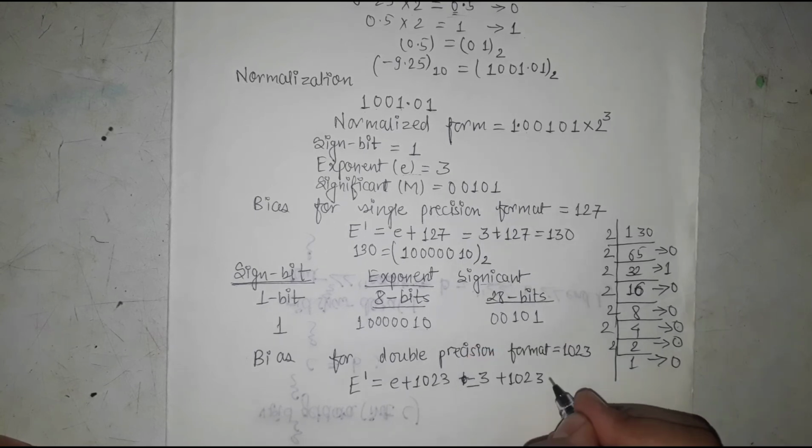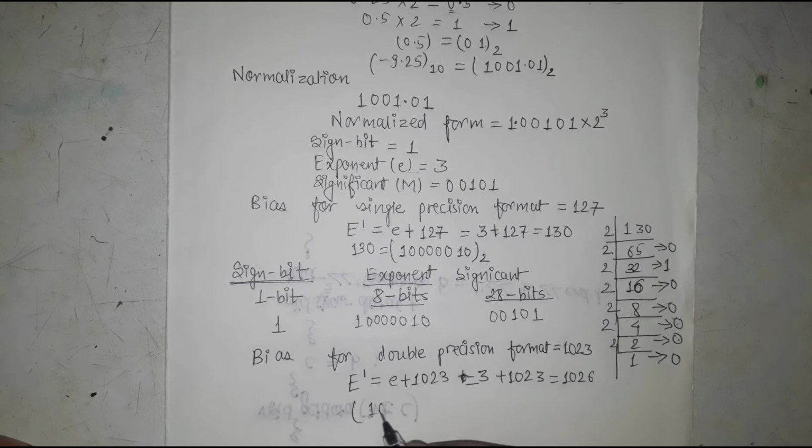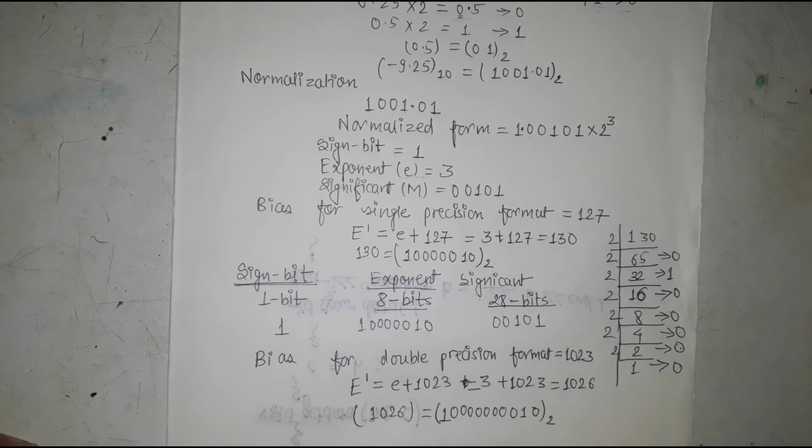Alright. So when we add this, we get 1026. So I won't show you converting 1026 into binary form again, because I know that you know how to carry out the process. So I'll write directly. So it's 1, 8 zeros, 1, 2, 3, 4, 5, 6, 7, and 8, and this is 1 0. This is what we get.